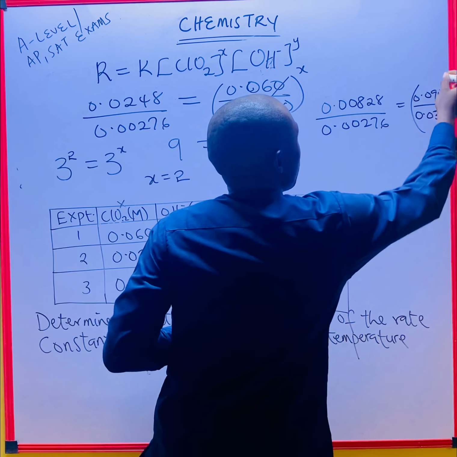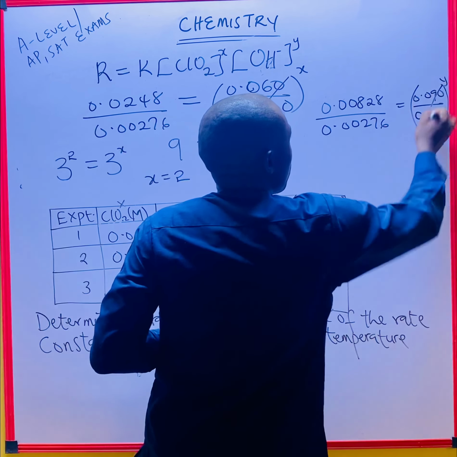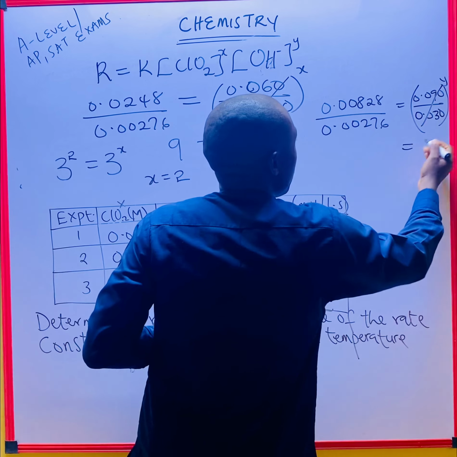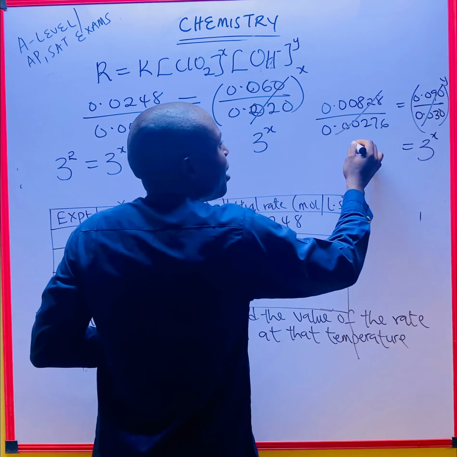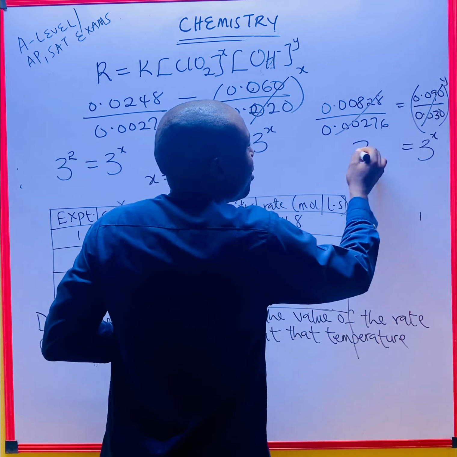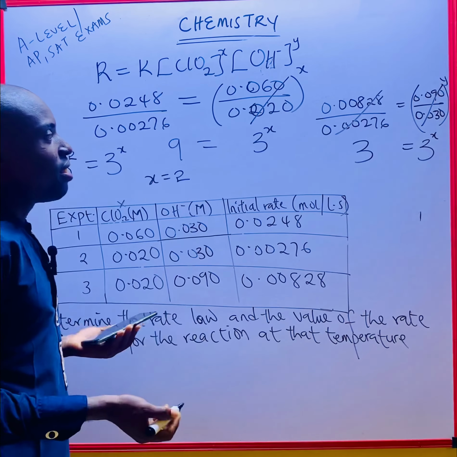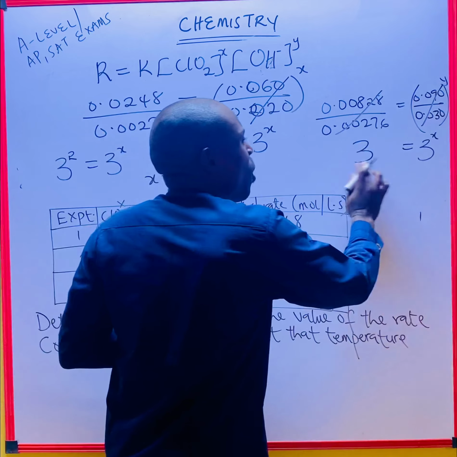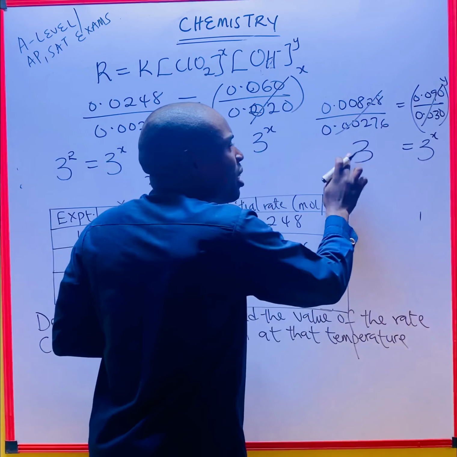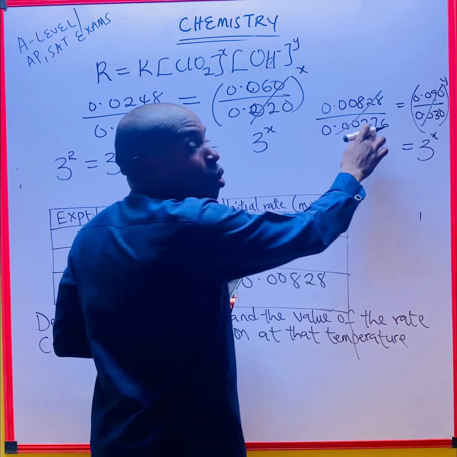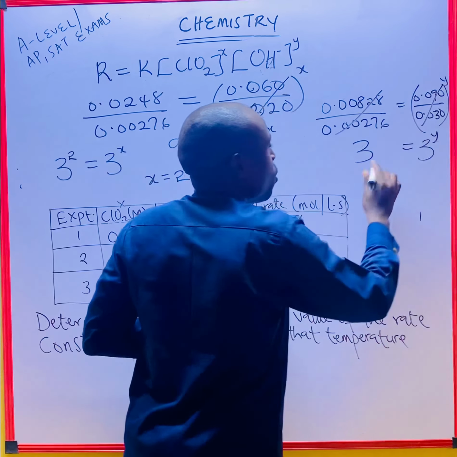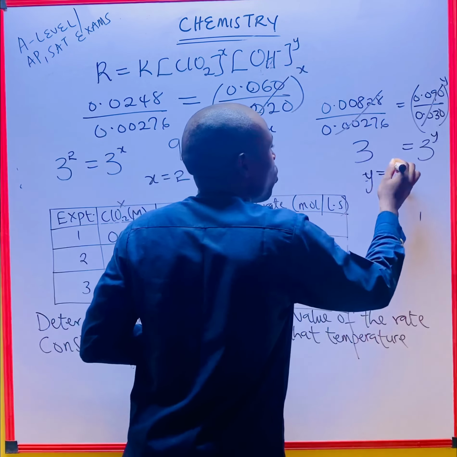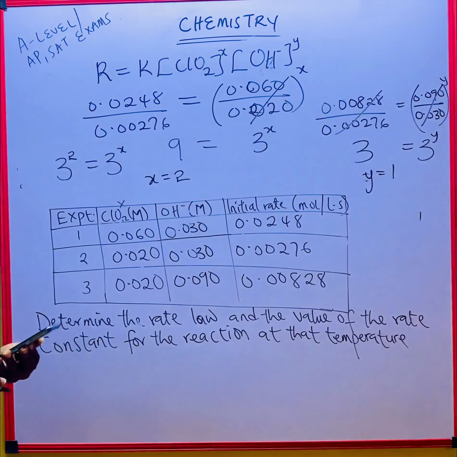So here, y will give me 3 raised to power y, which is 3. Since they are equal, remember that this 3 is the same as 3 raised to power 1, so y is equal to 1. Is that clear now?